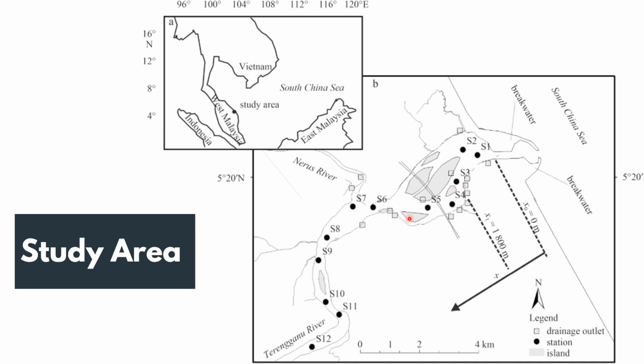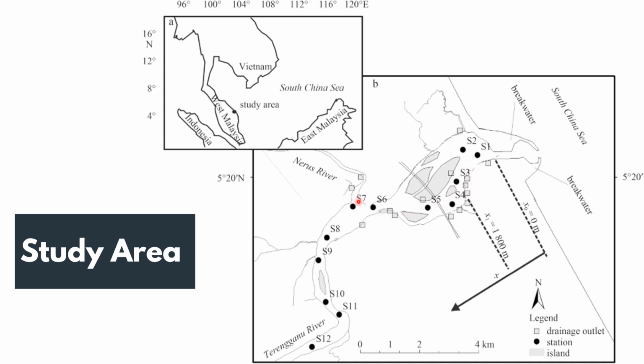And in further detail, in the Terengganu River itself, we have the breakwater on the right and left sides, and the drawbridge somewhere here. In the middle we have the islands that form in the middle of the river, and along the river itself we have stations 1 and 2 located closer to the sea, followed by 3, 4, 5, 6, 7.